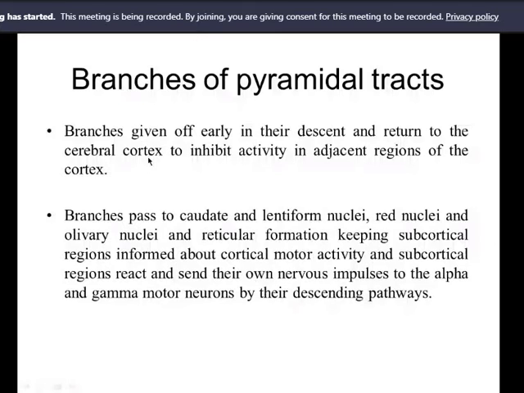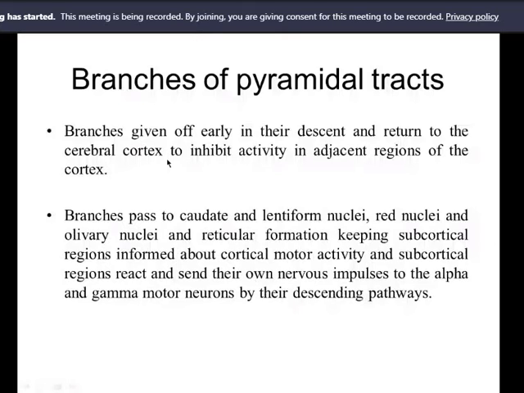Those fibers going to the cerebral cortex inhibit the excess activity of the pyramidal tract. Otherwise there will be jerky movement, and smooth skillful movement will not be possible, right?